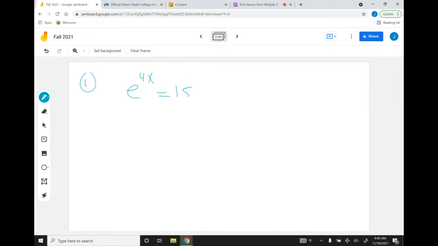So now we have to employ a different approach, and this is new. We're going to apply ln to both sides, and I'm going to tell you why.